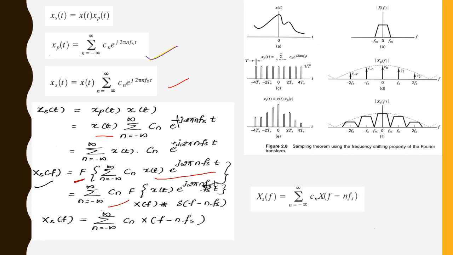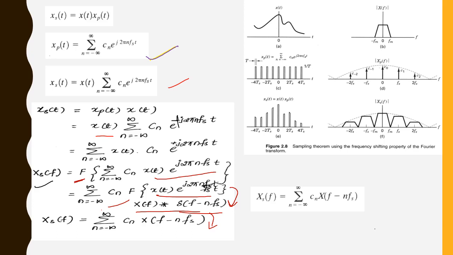So using the frequency translation property of the Fourier transform, the convolution of two signals, x(t) and e^(j2πnf_s t), where the latter is nothing but the impulse in the Fourier transformed domain, I am going to write as a frequency shift with the help of the frequency translation property.